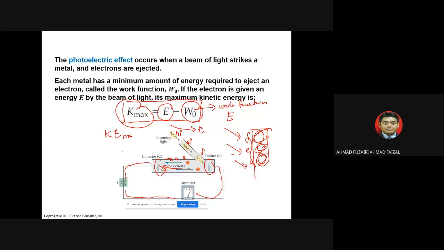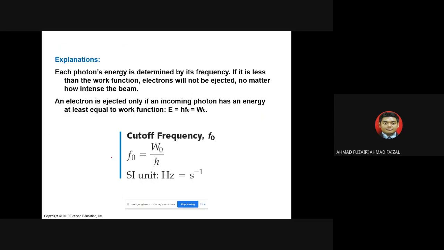Okay, so the work function is normally in electron volts. So KE equals E minus W naught. Sometimes they will use E minus E naught, where E naught is hf naught, because E is also hf.